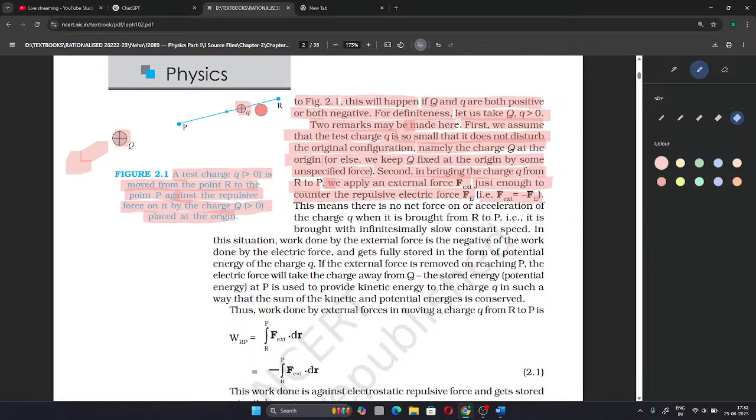And the second thing, they assume that this charge is coming from R to P. The work done, if it is coming against the repulsive force, there must be some force applied on this charge Q. That is an unspecified force, it might be due to any factor, and they took it as equal to the force which is because of this capital Q charge.